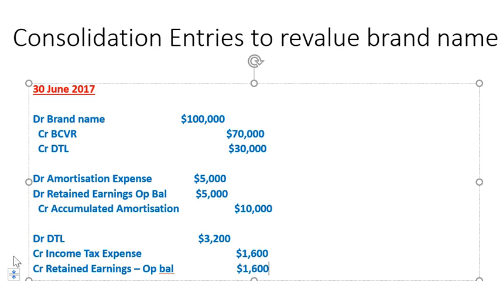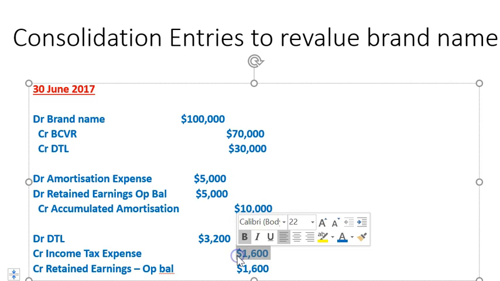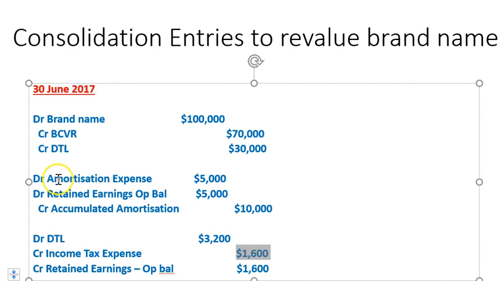So the reasoning that we're crediting the income tax expense by $1,600 is because we're recognizing $5,000 more expenses that the subsidiary wouldn't have recognized. So this reduces the profit by $5,000, and so that means we will save $1,600 of tax because the subsidiary would not have recognized this expense.